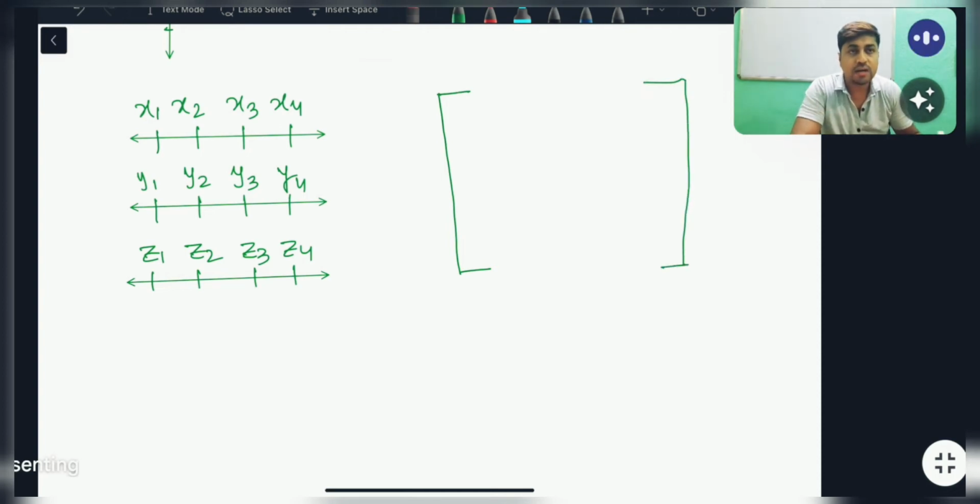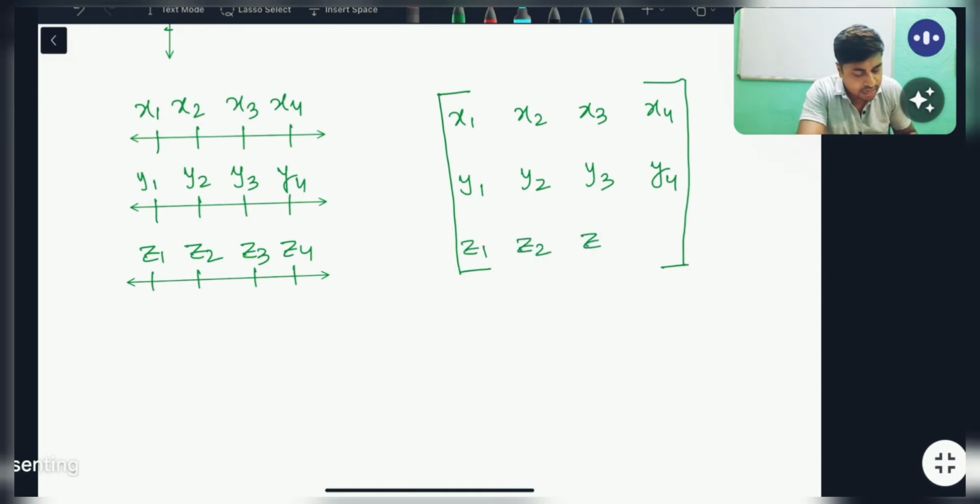And if you write the names of the students, suppose x1, x2, x3, x4, I am writing the names of the students in the order they are in. Then y1, y2, y3, y4, then z1, z2, z3 and z4.